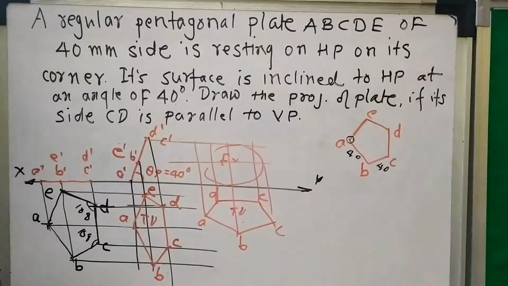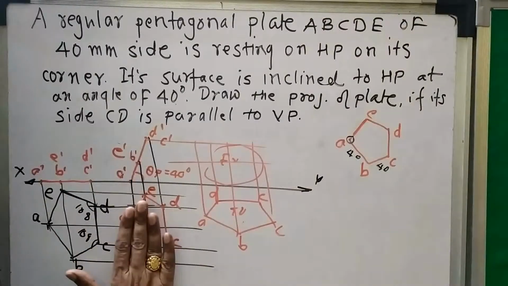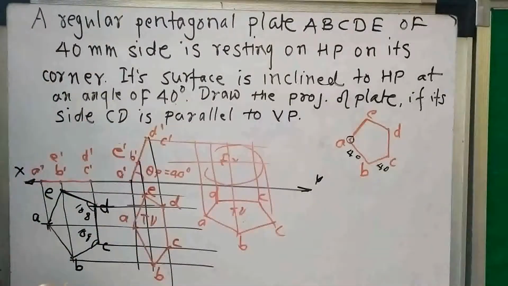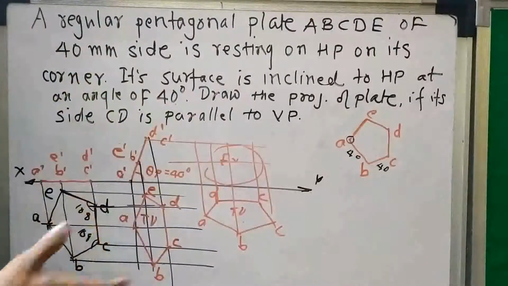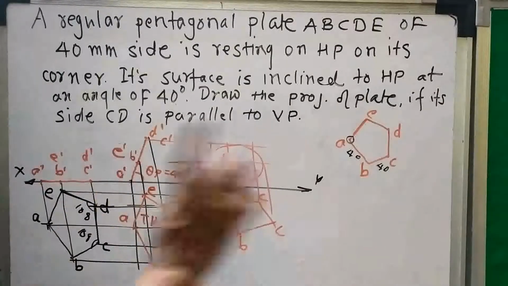So instead of reconstruction I will use auxiliary plane method. So what is the concept of auxiliary plane method? In auxiliary plane method we are not inclining the view, top view. We are keeping as it is. Instead of inclining it, we incline the line. So inclination of the line is easier than inclination of the whole figure. So this CD is parallel to XY.